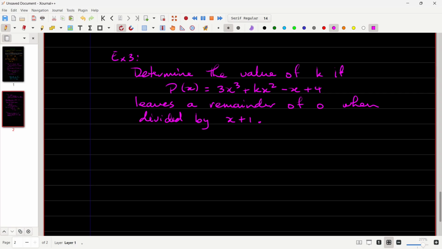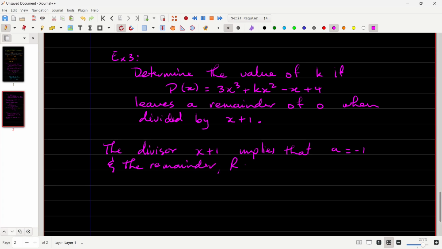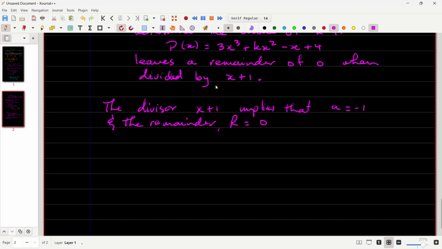All right. So the divisor x plus 1 implies that a is equal to negative 1. And the remainder is r equal to 0.